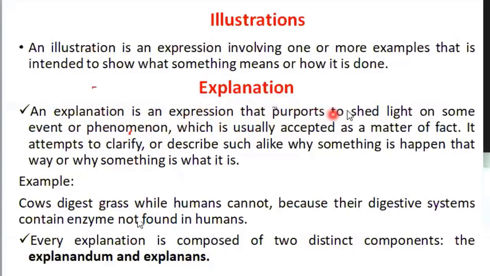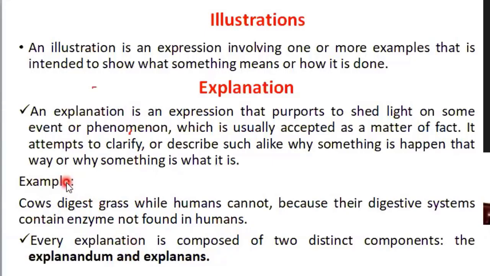The other is the explanation. An expression that attempts to shed light on, clarify or describe why something is happening and why something is what it is. Example here you can look at: cows digest grass while humans cannot because the digestive system contains enzymes not found in humans. Here, as you can look at, there are two distinct components of this explanation, that is the explanandum and the explanans. Here, cows digest grass while humans cannot is the explanandum.